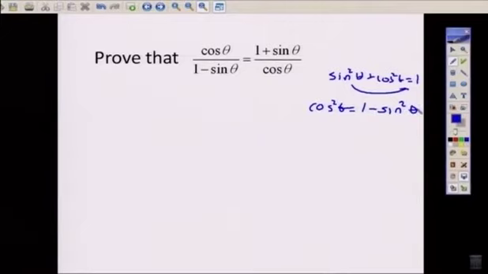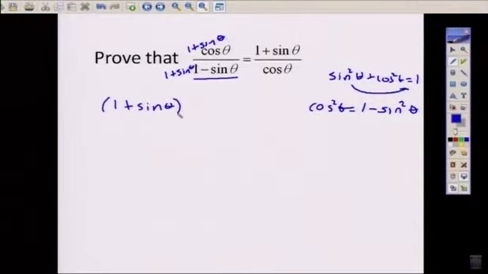So keeping that in the back of my head as I'm looking at the 1 plus sine theta, sometimes it's nice to be able to get that to look like one of our Pythagorean identities. So what I'm going to do here is a little trick where you multiply top and bottom by its conjugate. And you'll see why here in a minute.